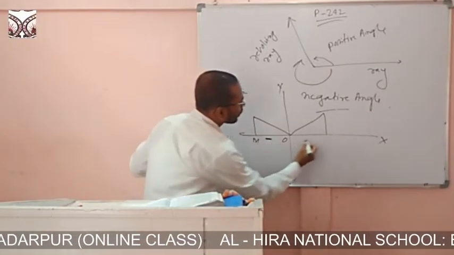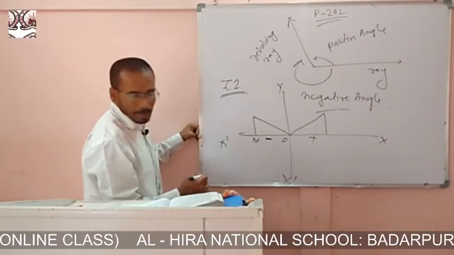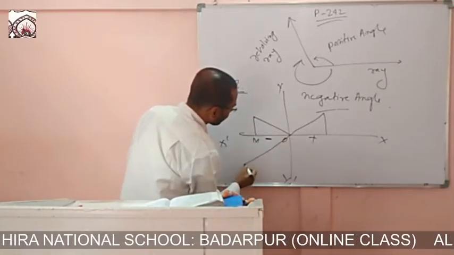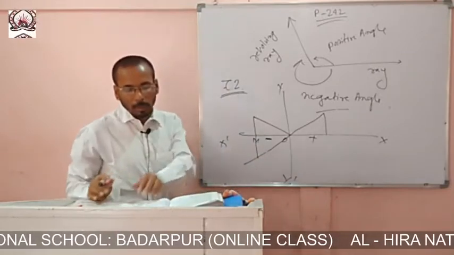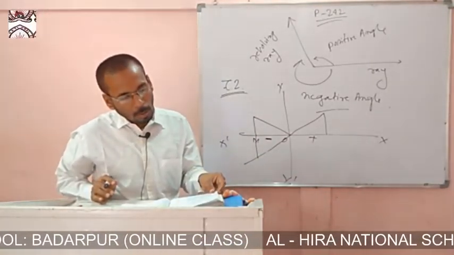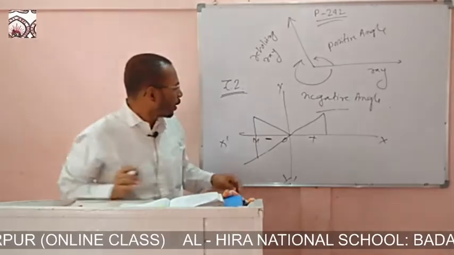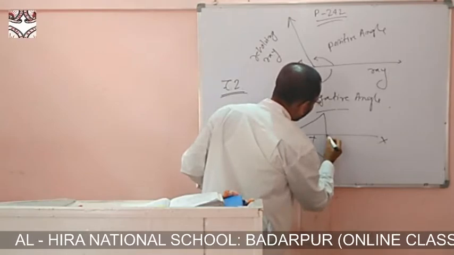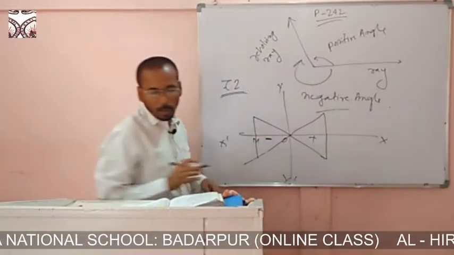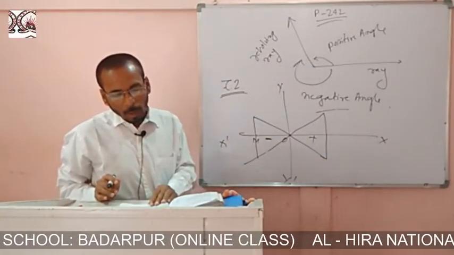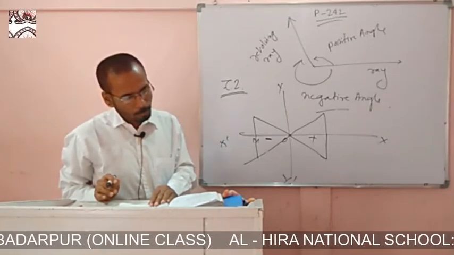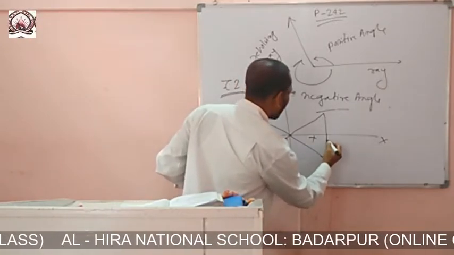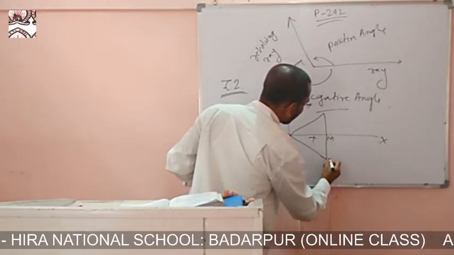If it is in the third quadrant, then OM is again negative, and if it is in the fourth quadrant, then PM will be negative.